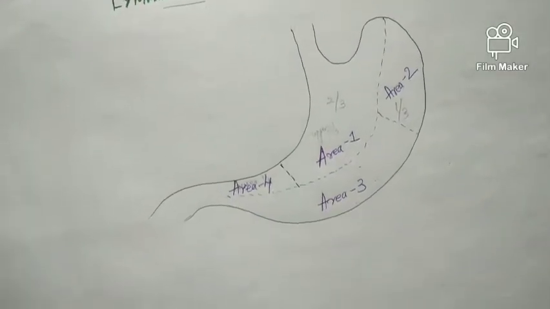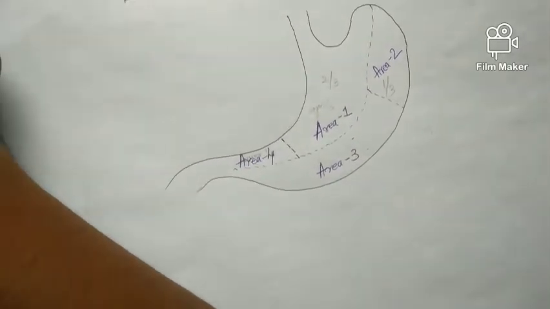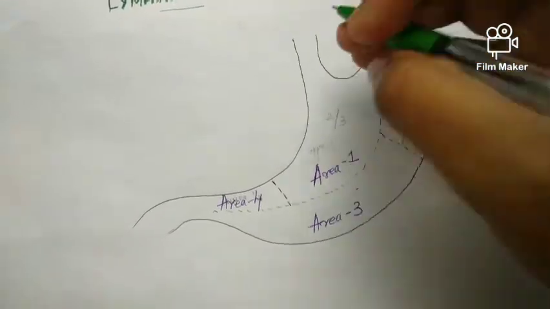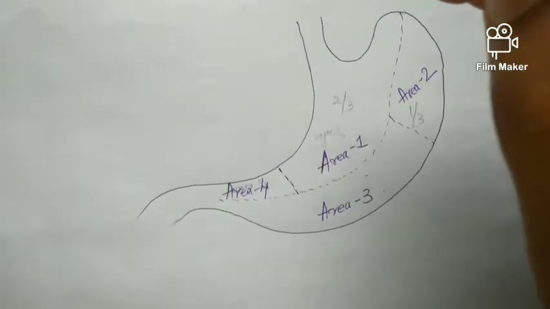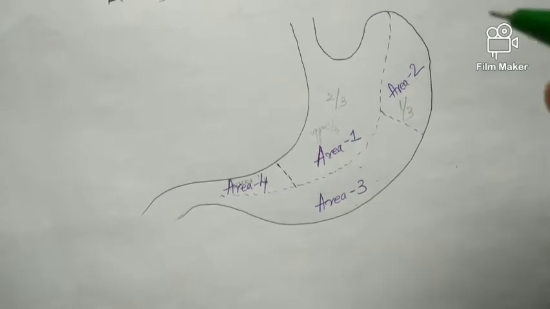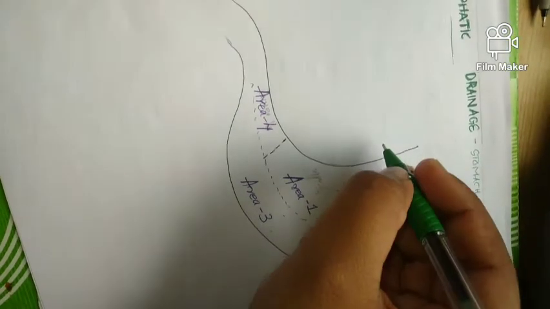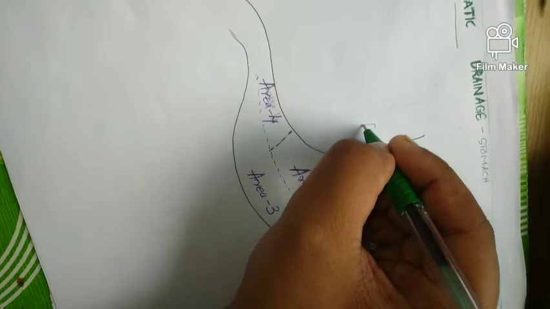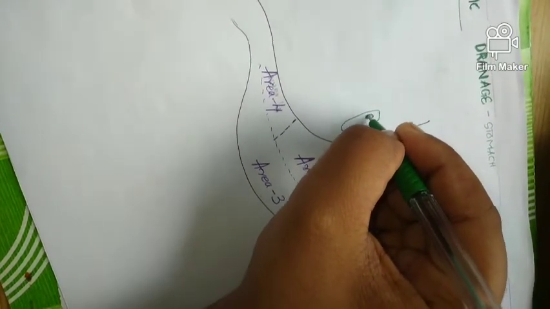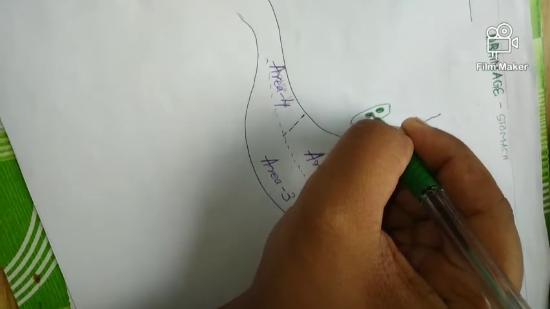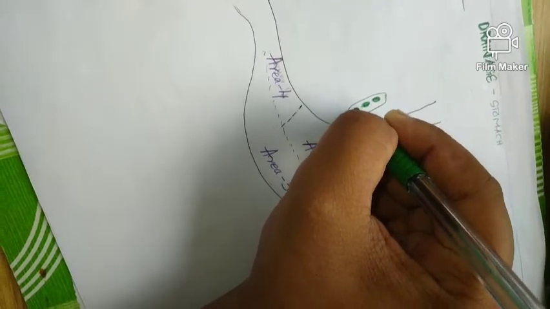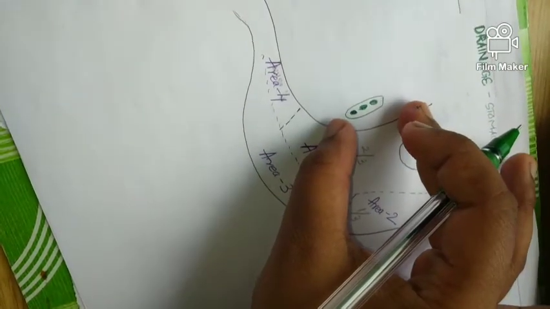After dividing the stomach into 4 different territories, we can draw the lymph nodes present. So first I am going to draw the left gastric nodes. This is the left gastric nodes.